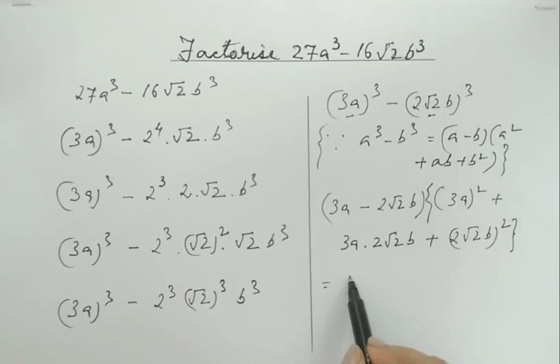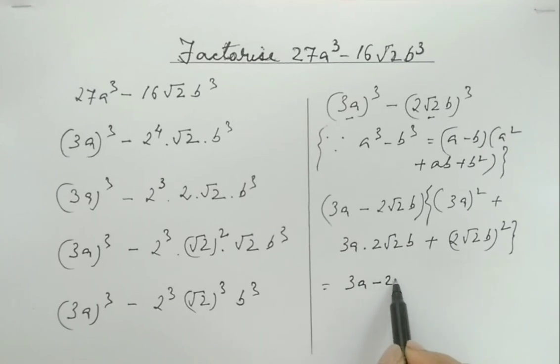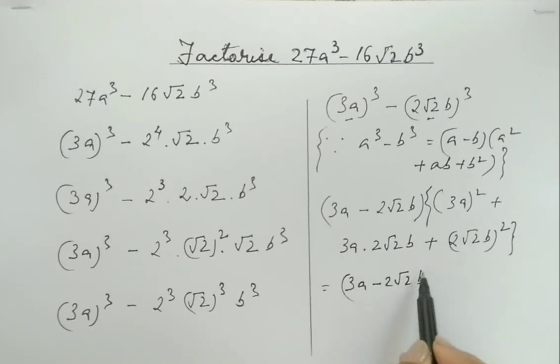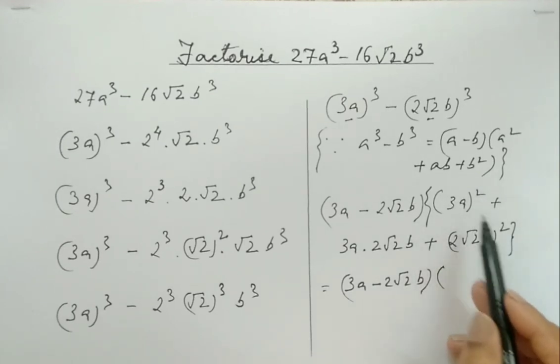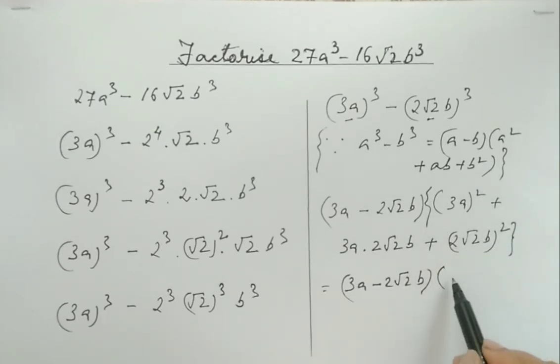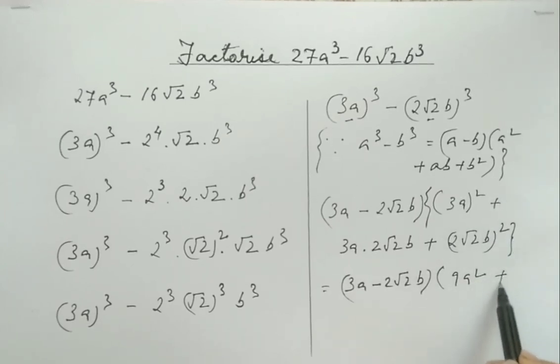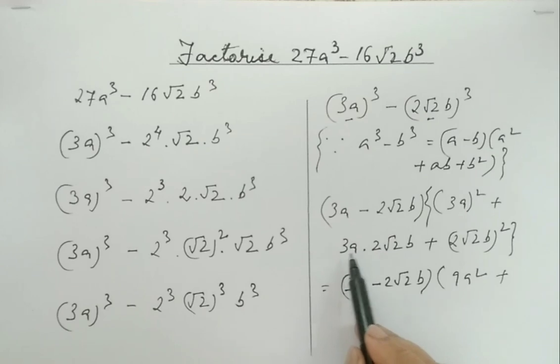Alright guys, so this first one is very simple, we have to keep it the way it is. Here we have 3 into 3 is 9, so 9a square. Correct? Plus, what is this? 3 into 2 is 6, ab and root 2.